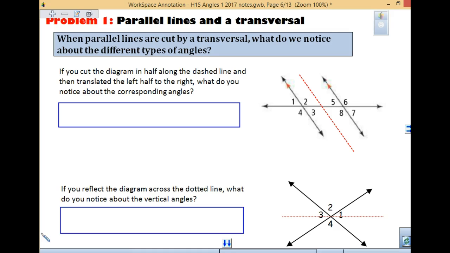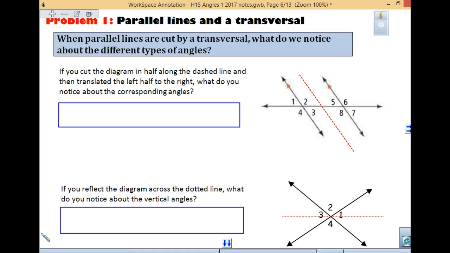So it says when parallel lines are cut by a transversal, as you take a look at this, what do we notice about the 2 sides of the parallel lines? It says if you cut this diagram in half, the dashed line, and translate it to the left or to the right, what do you notice about our angles?